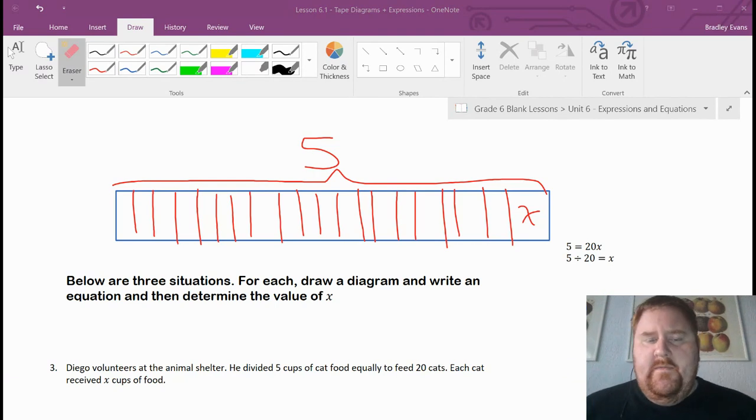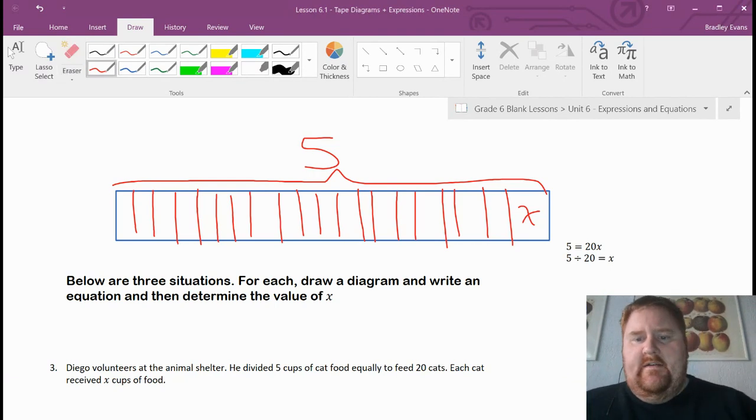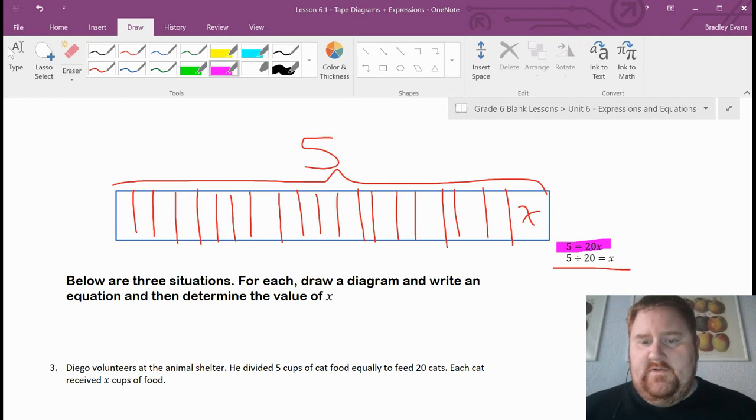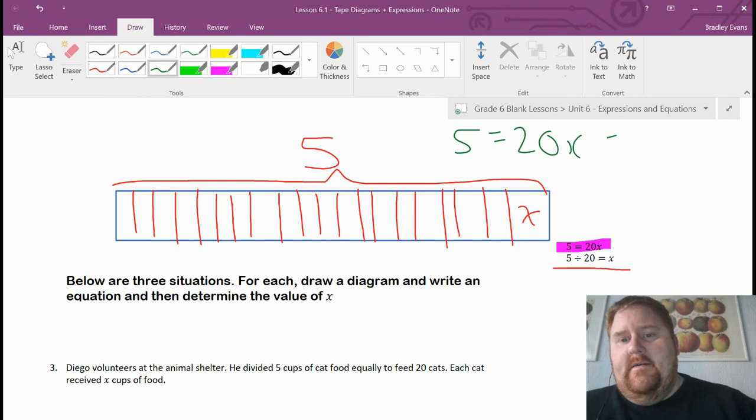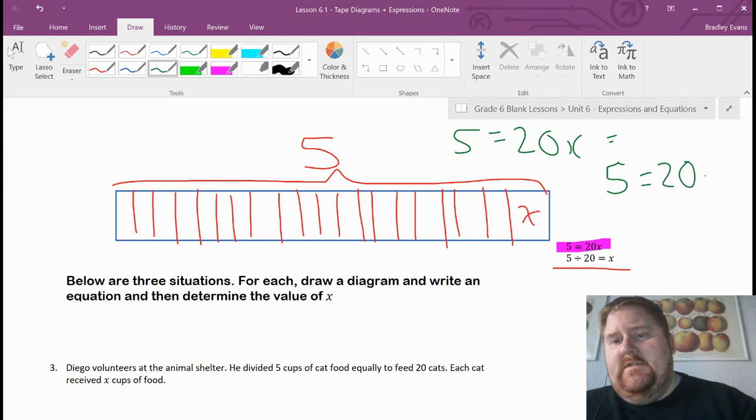Okay, so maybe you didn't arrive at x equals 5 divided by 20, and instead you saw that 5 was equal to 20 groups of x, or 20x. I'm going to show you how you could isolate that x. So remember, 5 equals 20x is the same as 5 equals 20 times x.